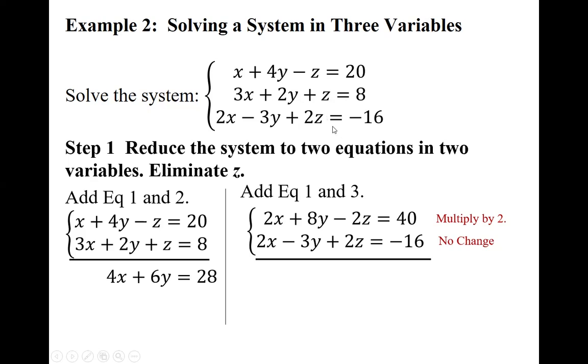We'll be good to go. So multiply equation 1 by 2: 2x plus 8y minus 2z equals 40. Add, we get 4x plus 5y equals 24.